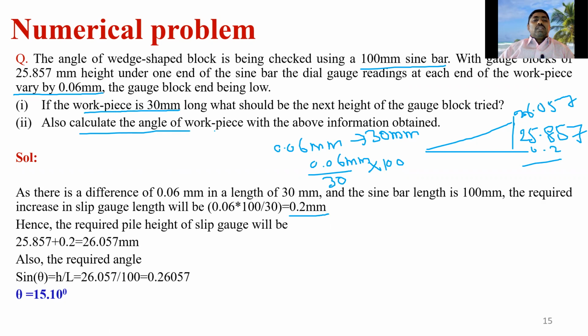And also calculate the angle of the workpiece with the above information obtained. How do you calculate the angle? Using the sine principle: sine theta is equal to h by l. The h value is 26.057, already calculated, and the length of the sine bar is 100. You can calculate the angle, which is 15.10 degree.